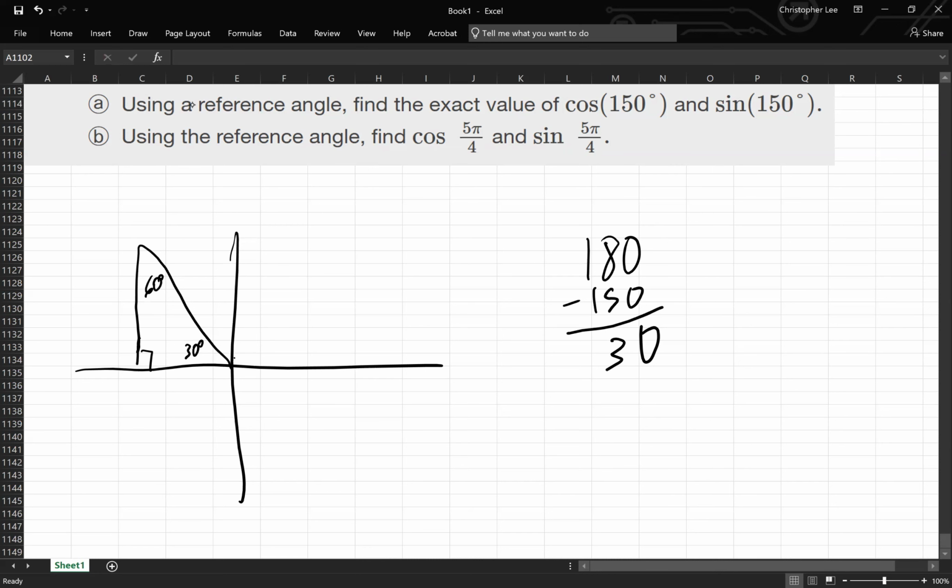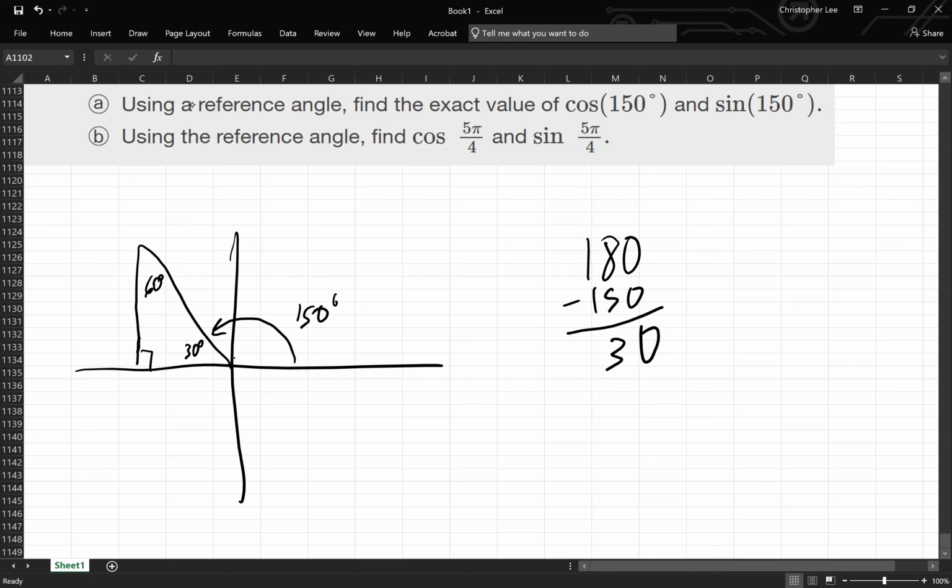They said they want cosine of 150. So 150 being this, what is cosine of this? Remember that cosine is adjacent over hypotenuse.